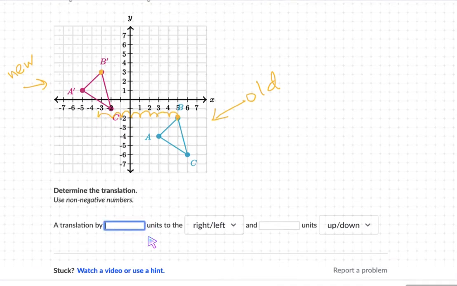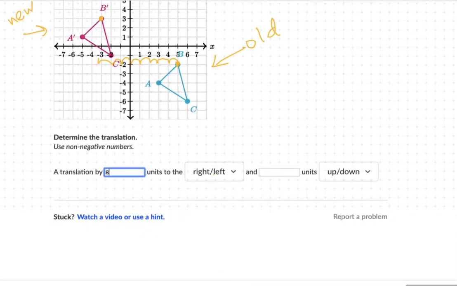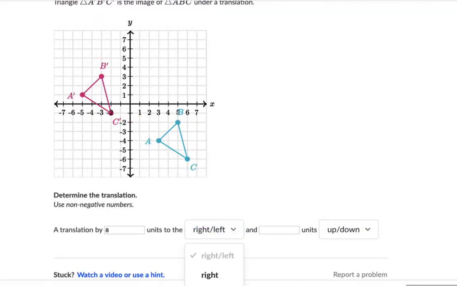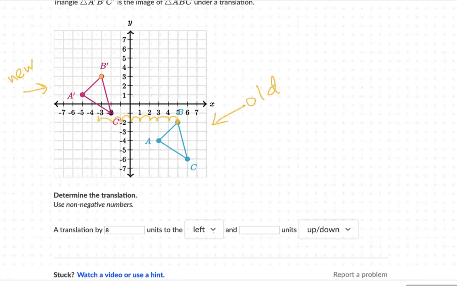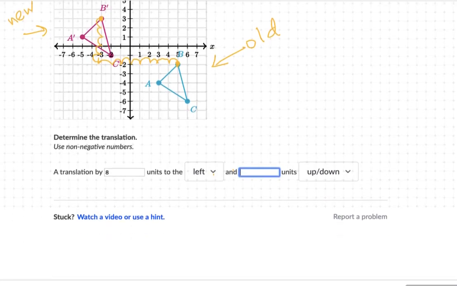So 8 units to the left. And then after 8 units, we got to see how many went up or down. Well, it went up to get to the new one. 1, 2, 3, 4, 5 units up.